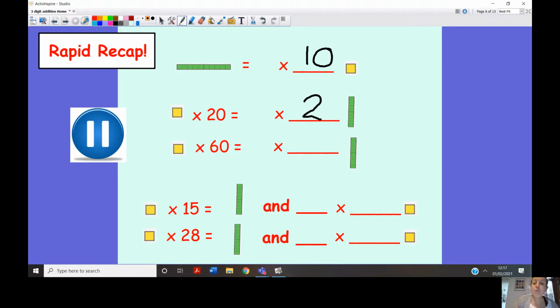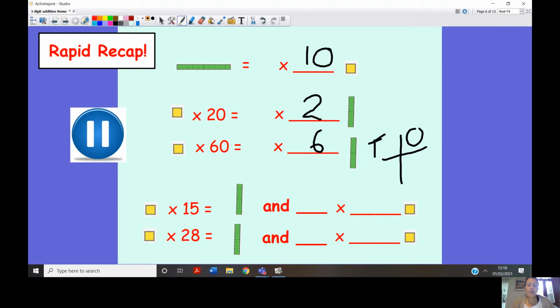Again, it's 2 10s. 2 10s is the same as 20 ones. 60 ones is the same as 6 10s. So if I have here 15 ones, it's the same as how many 10s and ones? Well, again, I can use my place value.